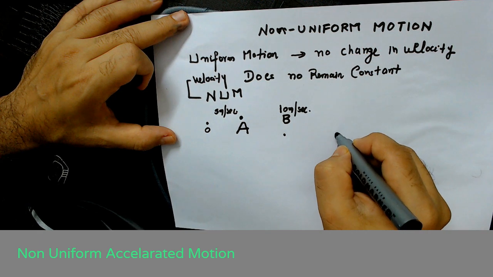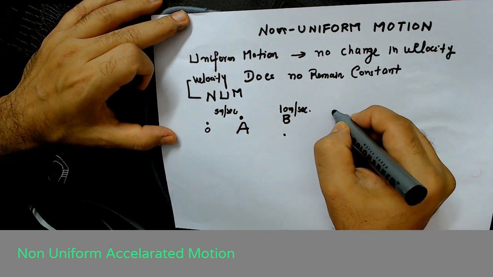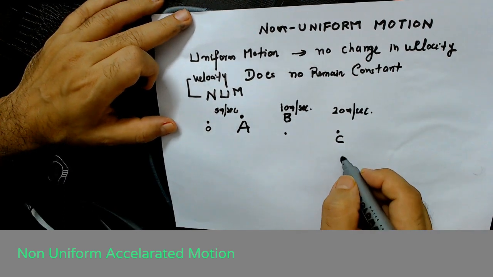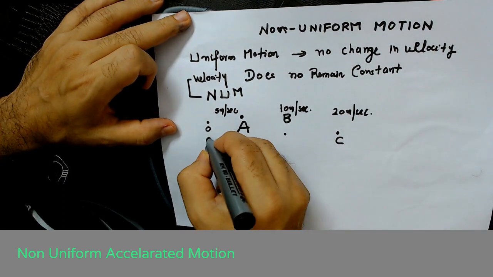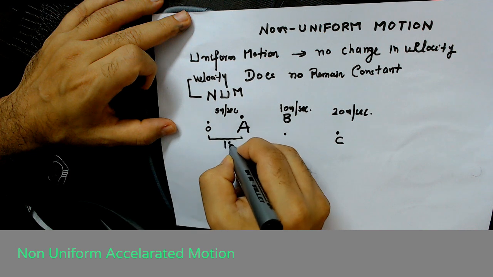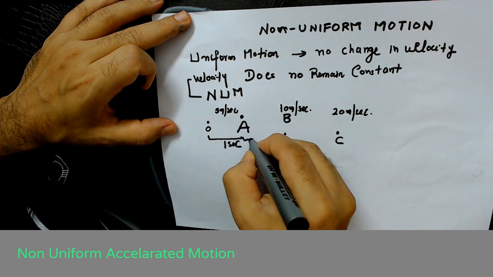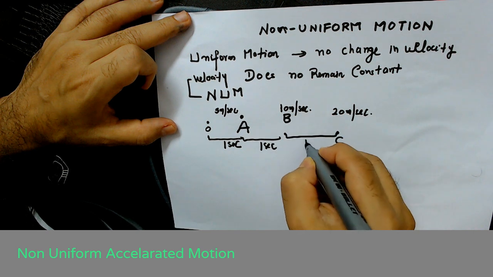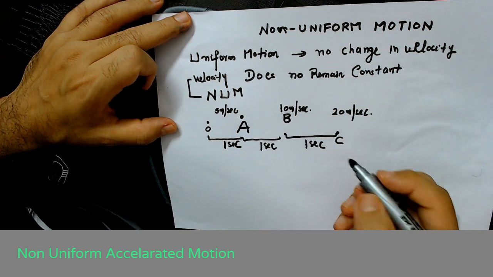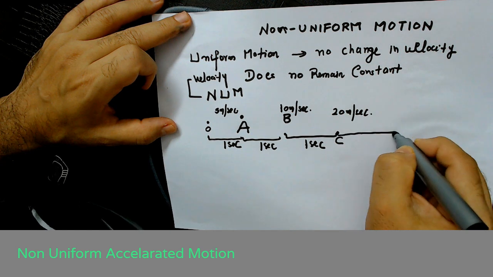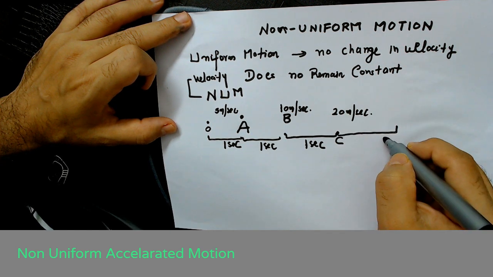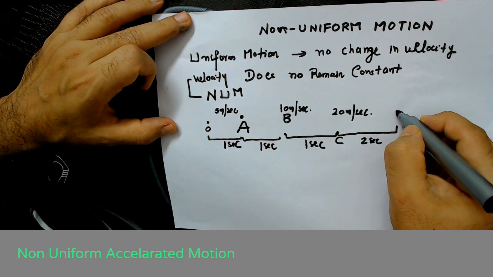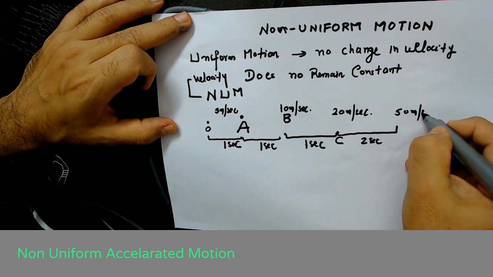At point C, the velocity of the body is 20 meter per second. And all of this is happening, for example, in 1 second. So the time elapsed is 1 second. So you can see the body changes its velocity throughout the motion. And maybe after some time, maybe 2 seconds, the velocity of the body is 50 meter per second.